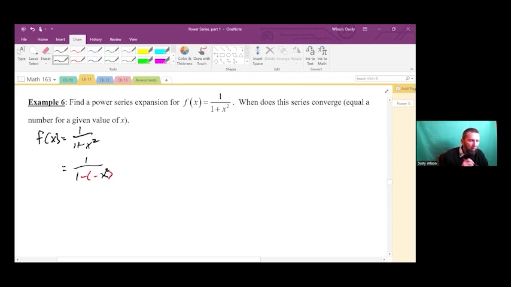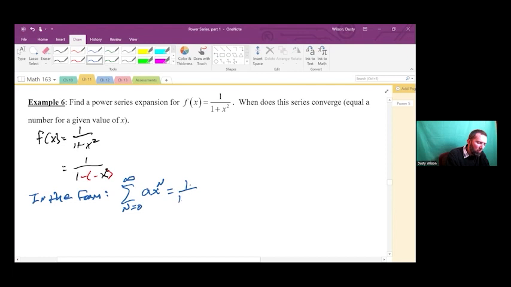Okay. So now it's in the form of our geometric series, namely the sum from n equals 0 to infinity of a times x to the n equals a over 1 minus x.